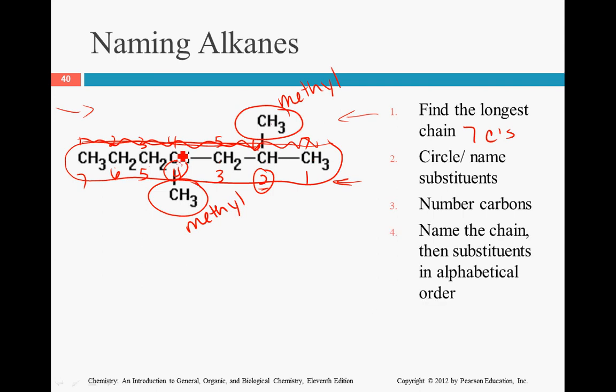Because that gives us 2 and 4 as the substituents. Name the chain. So, once again, we have 7 carbons. 7 is hept. So that's 7 carbons. Ending in ane, because it's single bonded. So it's heptane.